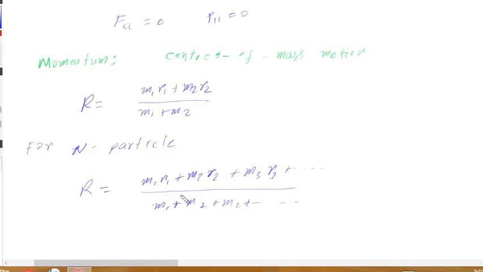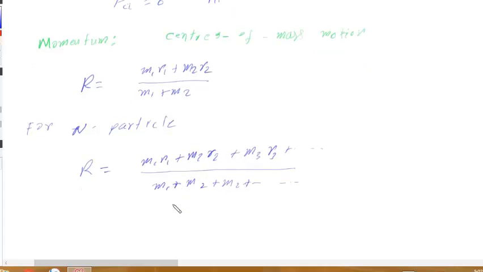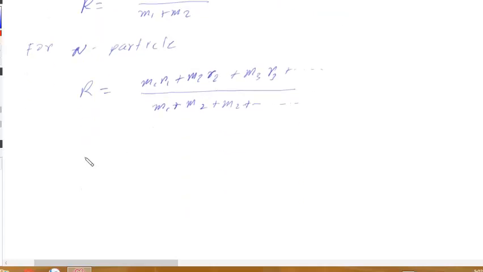This is for n particles. Then we can write this in the form of a summation over i of mi ri divided by the summation over i of the masses mi.